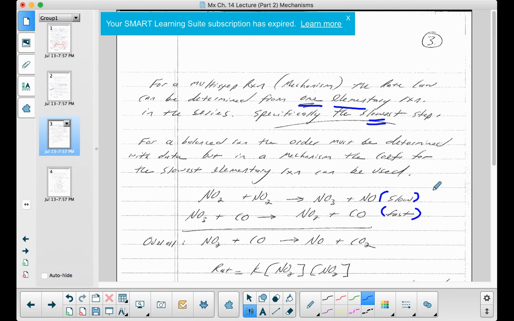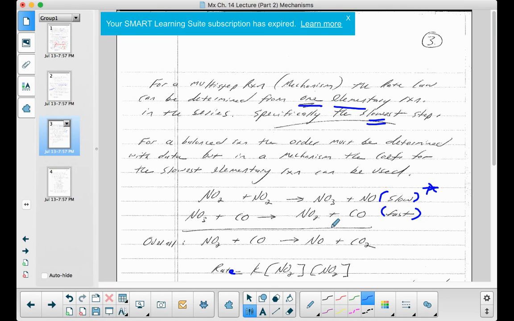So all I have to do is go to the slowest reaction, and I can treat that slowest reaction as though it were an elementary reaction to help me identify what the rate expression would look like. That's my slowest. That's the most important one. It's as simple as you can only go as fast as your slowest step in the process.